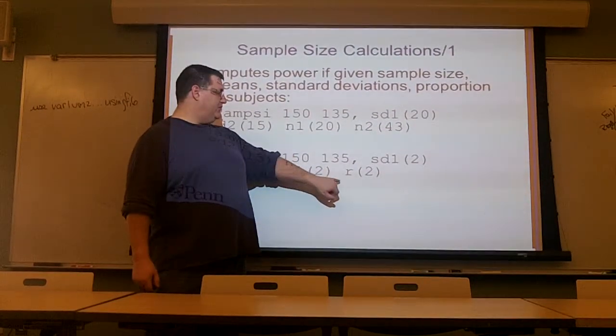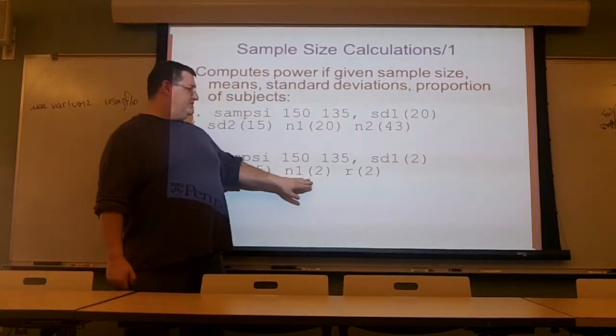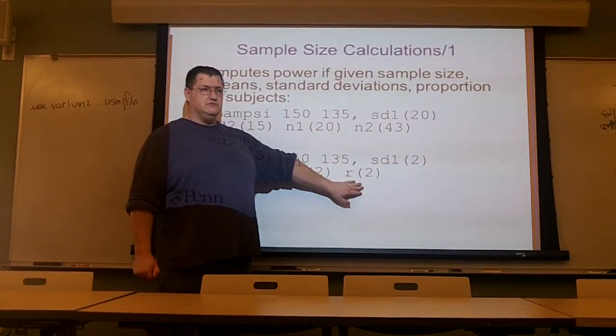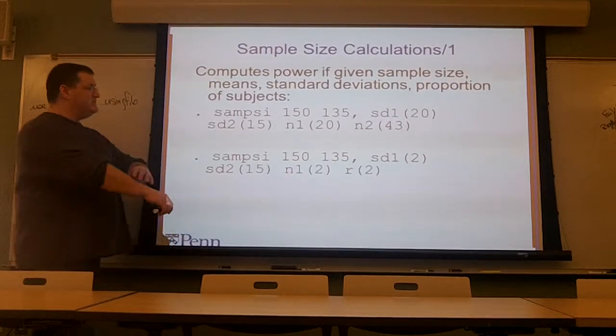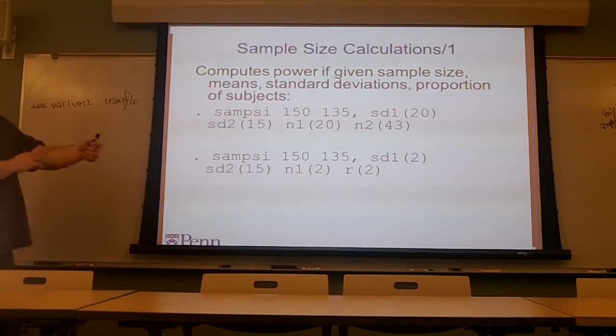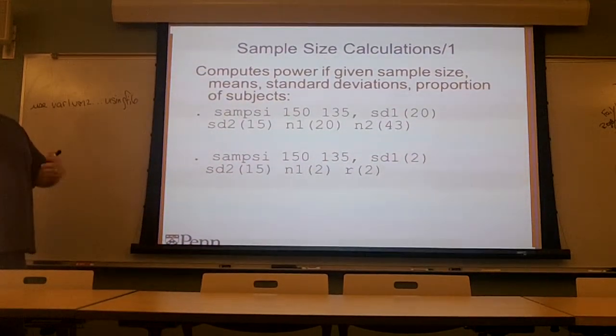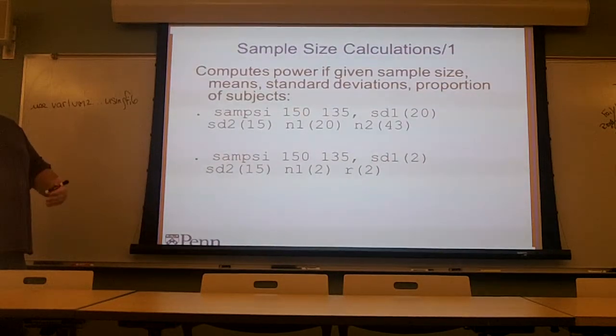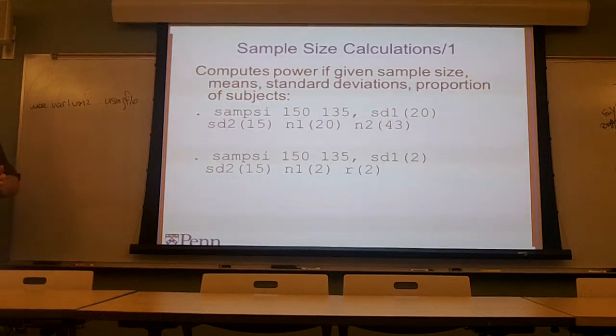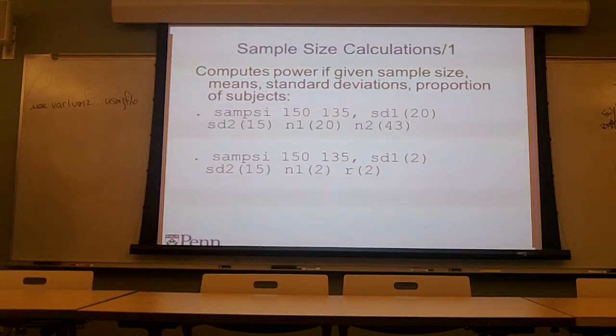So in this case, there will always be twice as many treatments as controls. You can play those games as well. Now, I don't know if you talked about this in an introductory statistics class, but the best way to maximize power in a randomized clinical trial is to have equal sample sizes. So think about it.